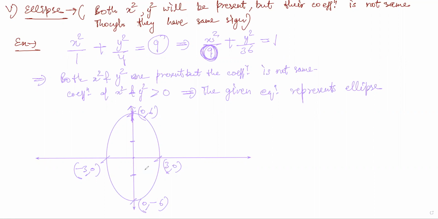And if we talk about hyperbola, everything will be the same, just their coefficients will have different signs. So their coefficients will not be the same and will not have the same sign as well. If the coefficient of x square is positive, the coefficient of y square has to be negative in case of hyperbola.